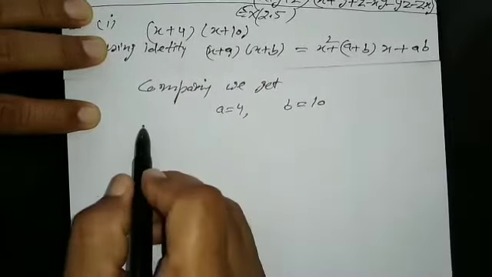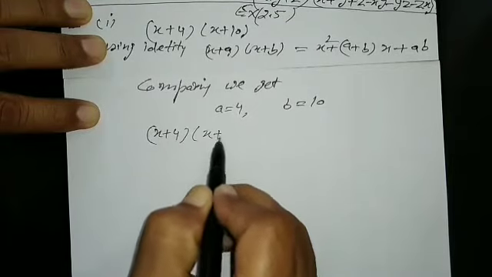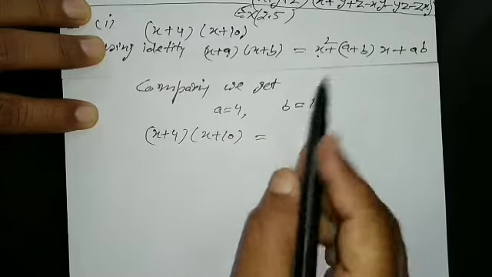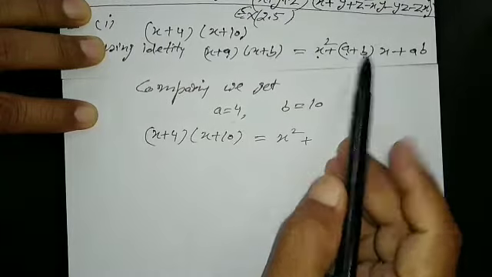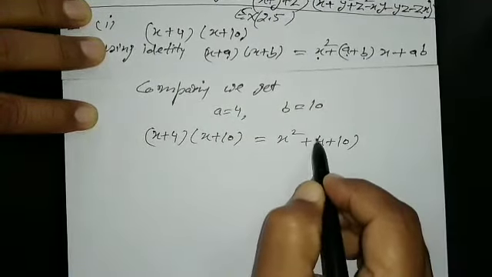Now using these identities, we have to write x square plus a plus b. What is the value of a? That is 4. What is the value of b? That is 10.